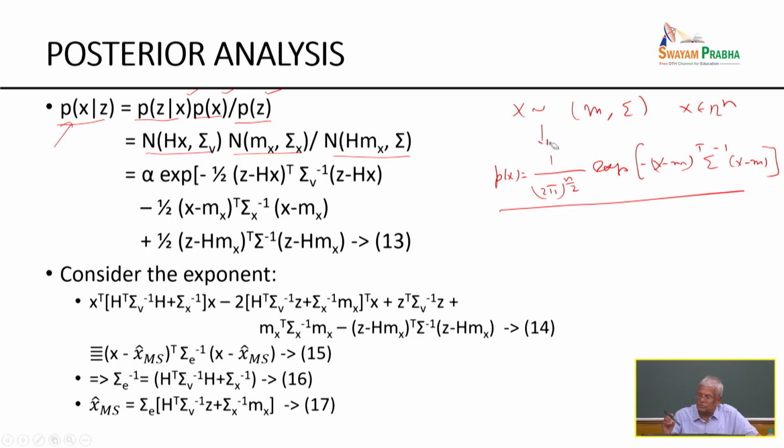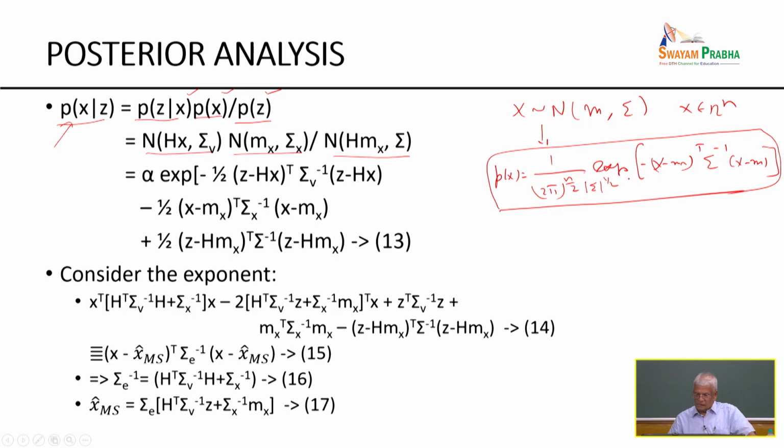This is, I would say, n. So if x is a normal random variable with a mean m and covariance matrix sigma, p of x is given by this expression. This is the determinant of sigma to the power half.